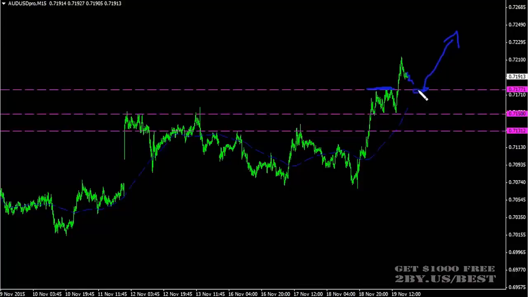When it comes down here, I'll be looking to do an in the money buy contract. What that means is I'm buying a little bit of insurance, a little bit of cushion. So my order would probably be around here somewhere, and I'm saying that the price will stay above this level.